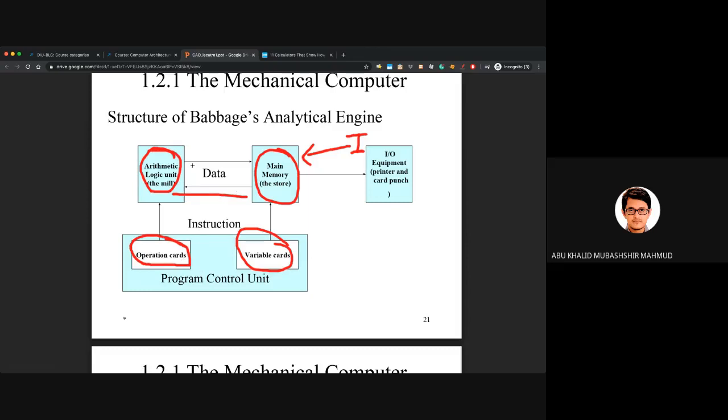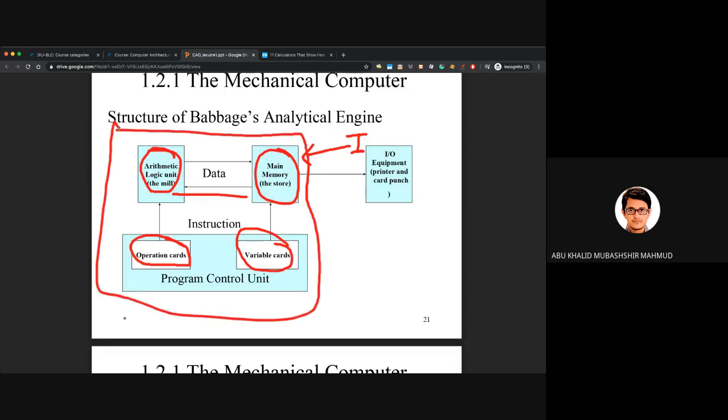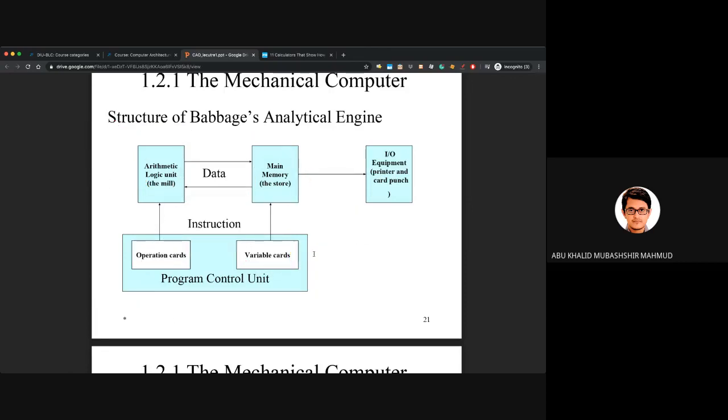And when it does the calculation, the structure returns the output in the printer. That is how the structure works. So let's proceed further.